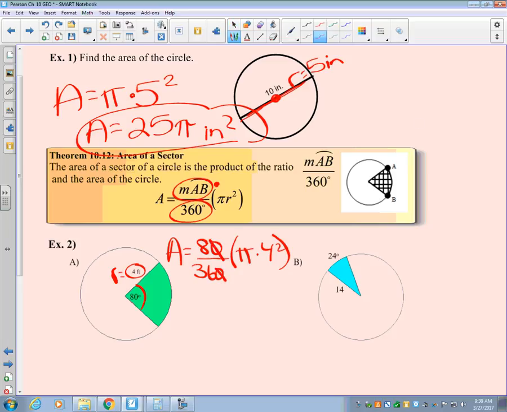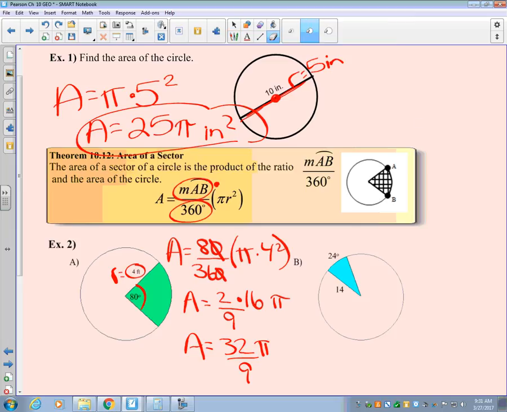We can already get rid of the 0 and the 0 because it's like dividing by 10. 4 goes into 8 twice, and 4 goes into 36 9 times. 4 squared is 16, and we just leave the pi on the end. 2 times 16 is 32. And the pi hangs on, and it is in feet squared.